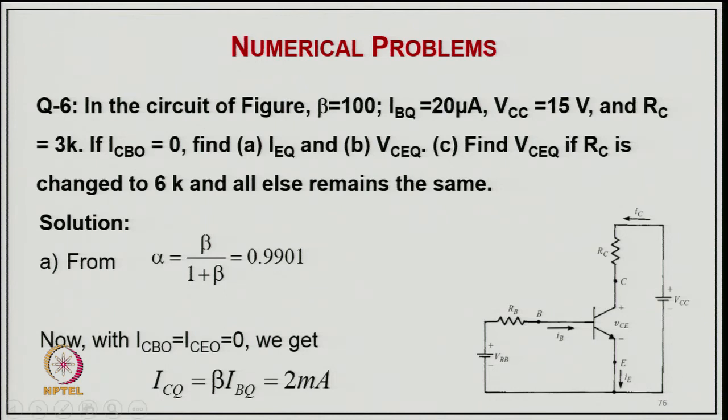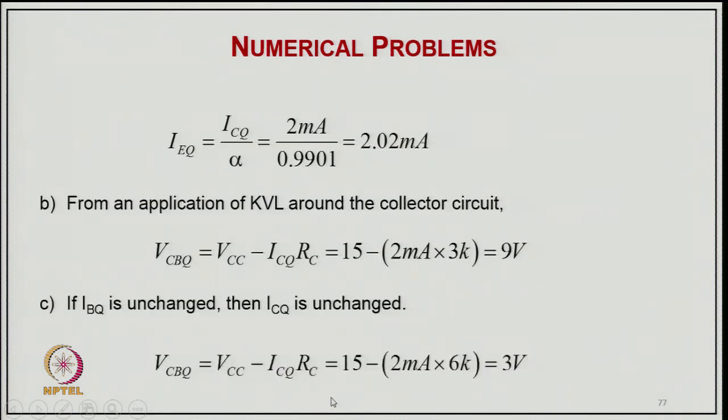From this we can find alpha equal to beta upon 1 plus beta, that comes 0.9901, and ICBO equal to 0. So we get ICQ equal to beta IBQ, that is 2 milliampere, and IEQ will be ICQ upon alpha, so it is 2 milliampere divided by 0.9901. So it comes 2.02 milliampere.